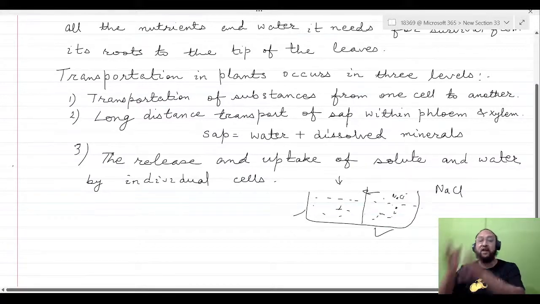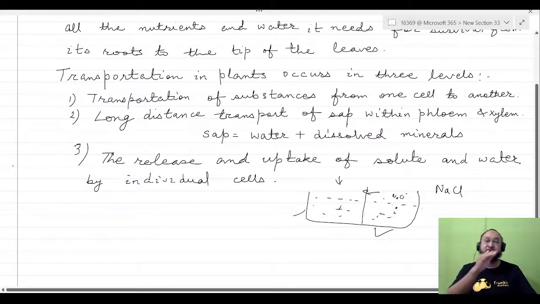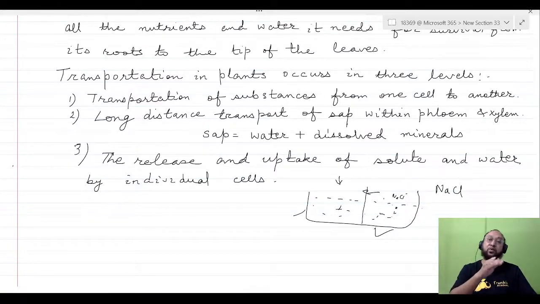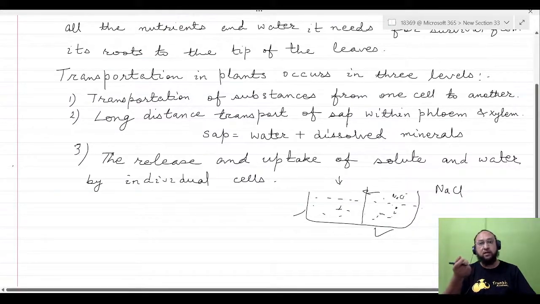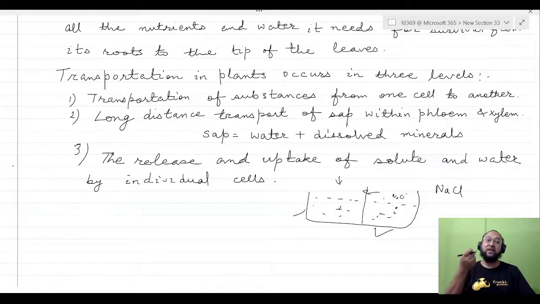From higher concentration to lower concentration through a semi-permeable membrane it will move. This is osmosis, the process by which plants absorb water molecules or sap from the soil. It is not only water, there are minerals also, and those minerals form the solute.